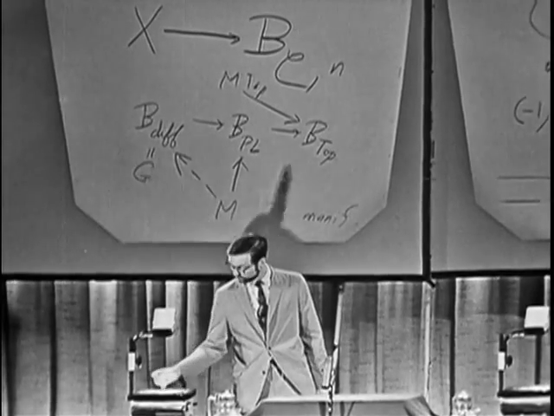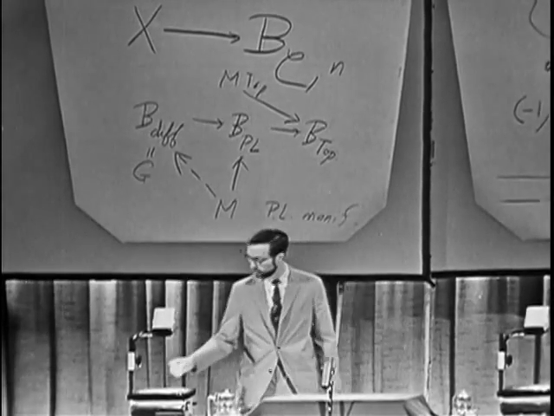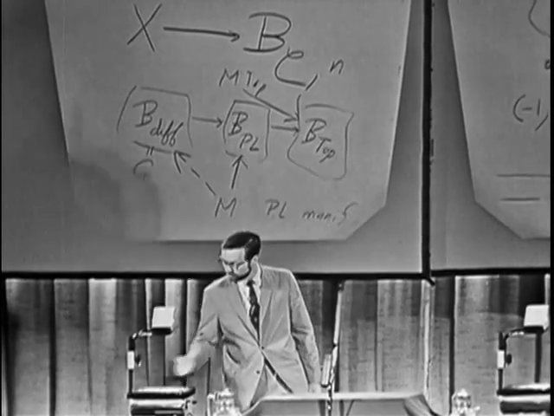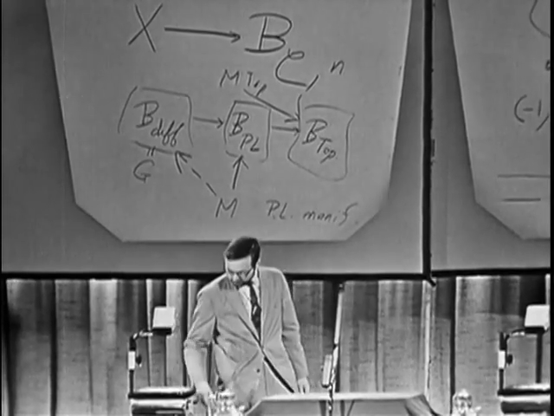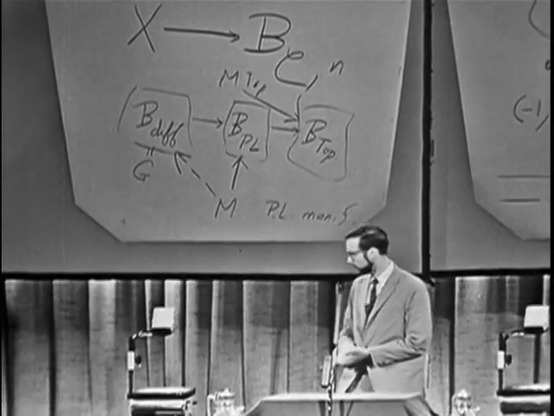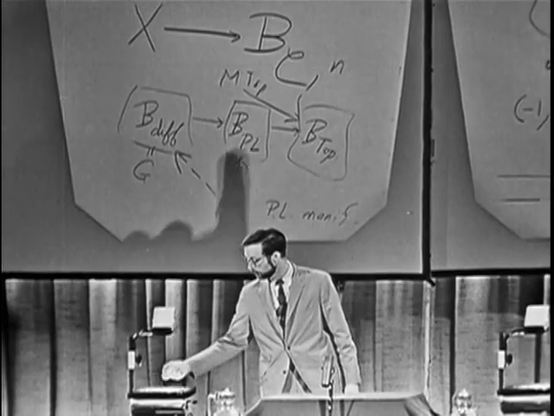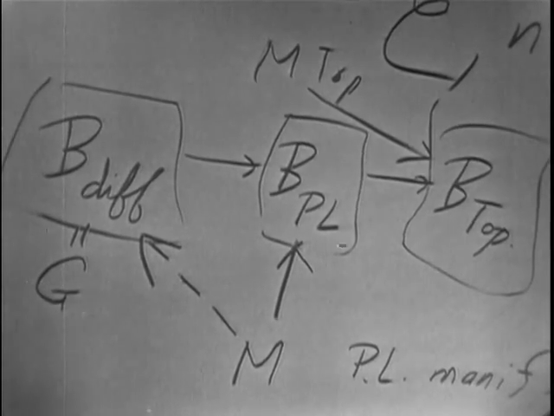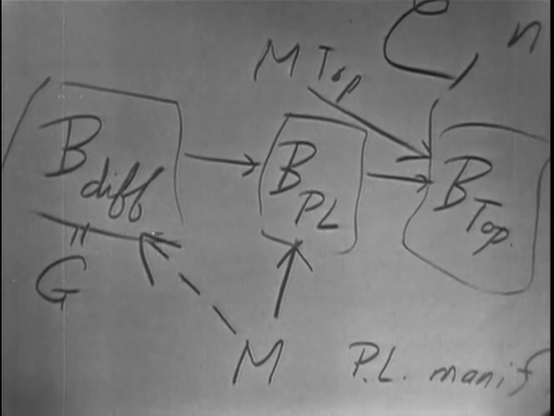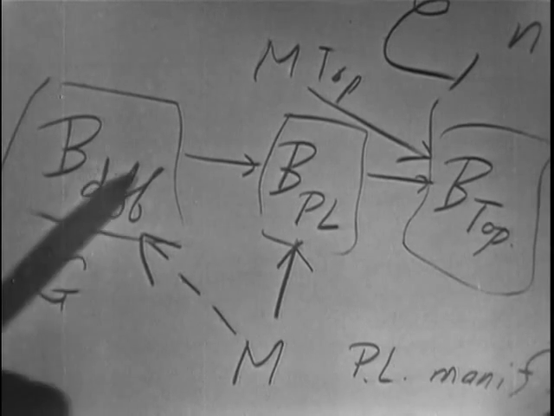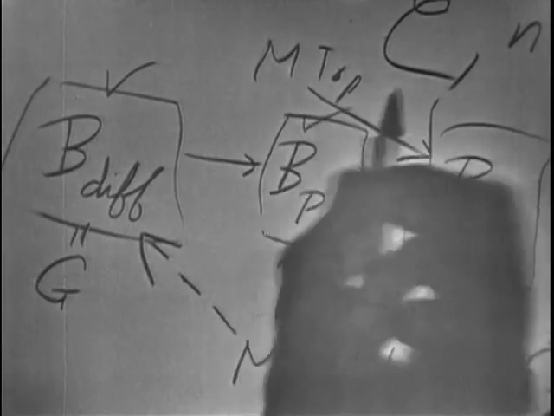But in any case, what this construction does is to give us three important examples of topological spaces whose homotopy theory is essential for the problem of understanding what topological manifolds are, what piecewise linear manifolds are, and what differentiable manifolds are. And there has been some progress in studying the homotopy theory of at least these two spaces.